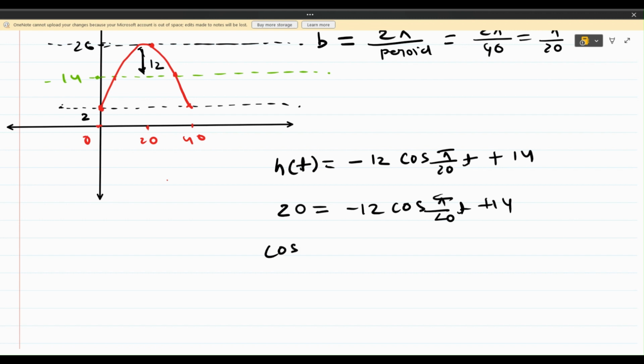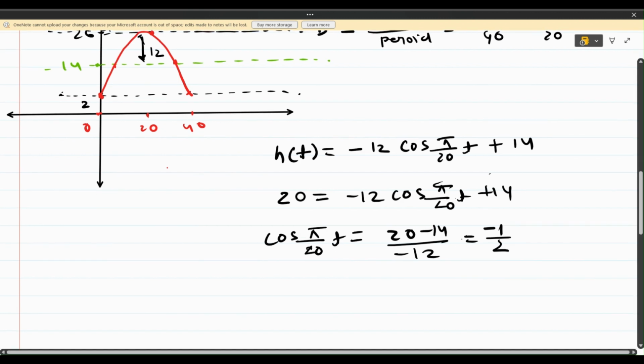So cos(pi over 20 t) will be equal to (20 minus 14) over minus 12, which is negative 1 over 2.